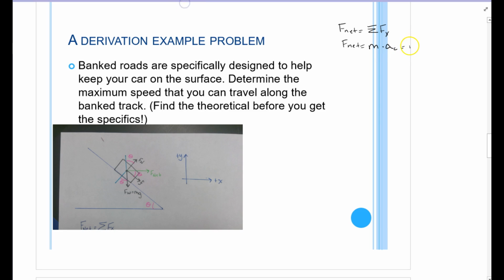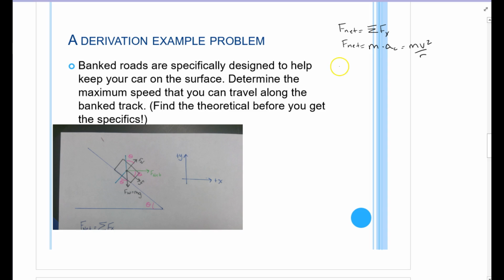We can also look at that as being the mv squared over r that we discussed in class. So we know that our F net is going to be that mv squared over r. We also know that F net is going to be the sum of my forces in the X direction. So we need to take a look at what my forces are actually acting in the X direction.